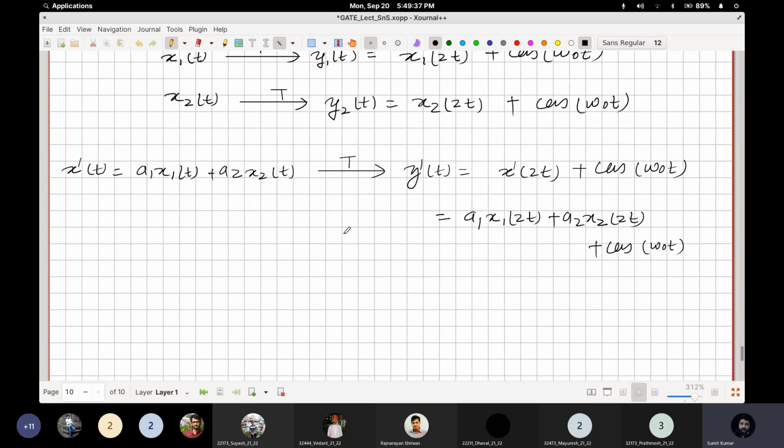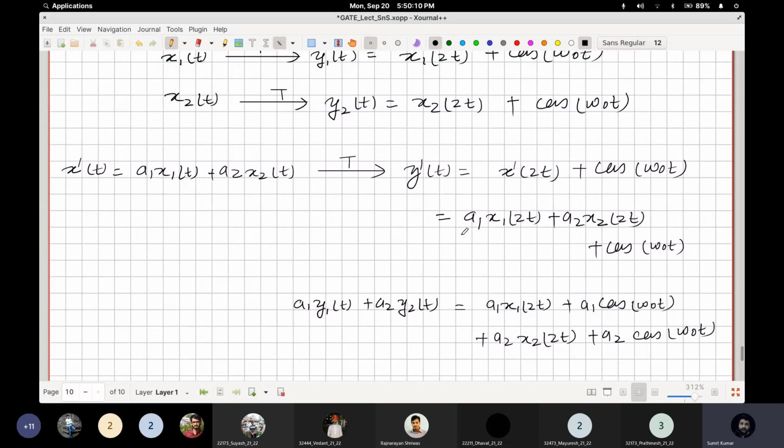So is y dash of t equal to a1 y1 of t plus a2 y2 of t? a1 y1 of t plus a2 y2 of t is going to be what? No, sir, it is not equal. It is a1 x1 of 2t plus a1 cos omega naught t, and then a2 x2 of 2t plus a2 cos omega naught t.